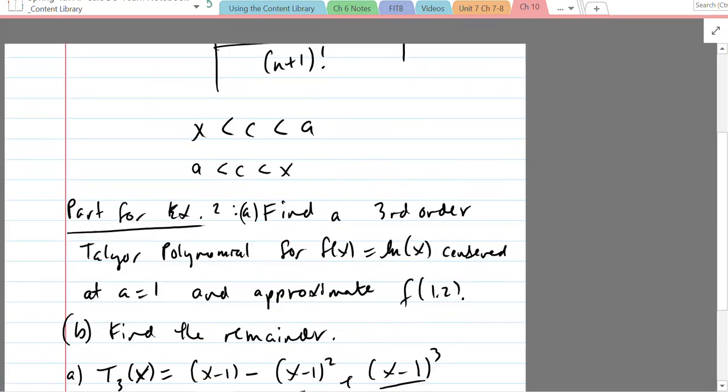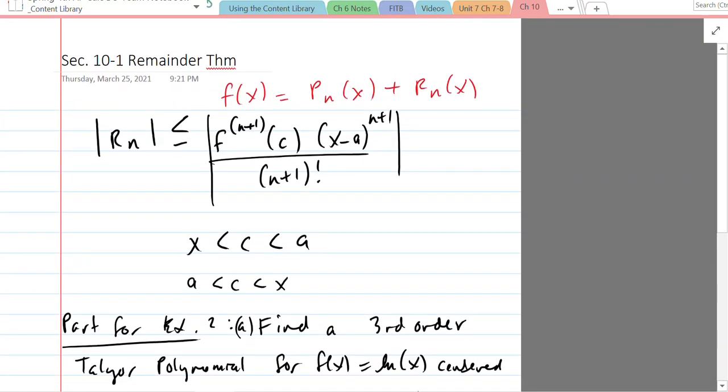Now, when I wrote this remainder theorem, the thing is, what the heck is this C thing? Well, this thing is the maximum value of f, the n plus 1 derivative, where C is between x and a.